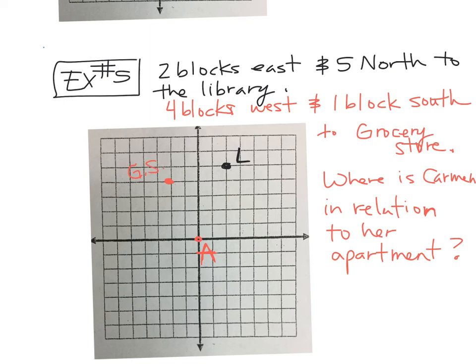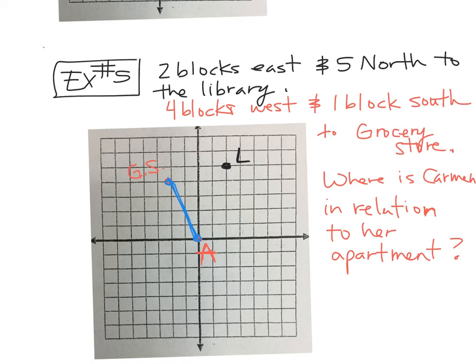Okay, the question is, where is she in relation to her apartment? So her apartment's here, she's here. She is how many blocks in which direction from her apartment? But you would go the other way, right? So here's the thing.